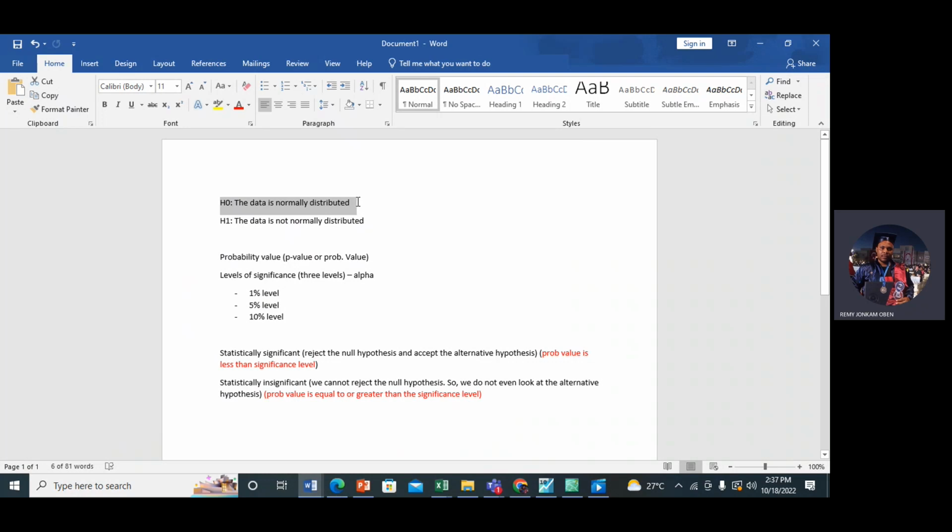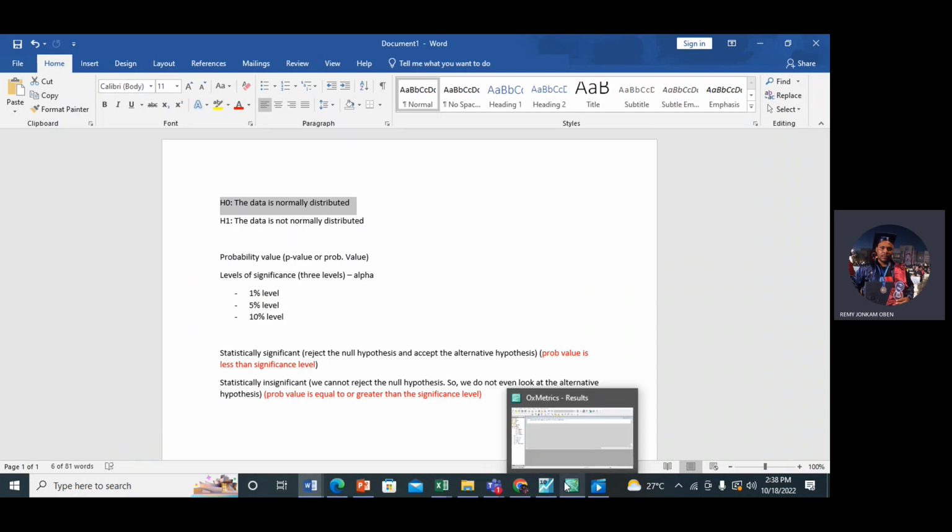And if we cannot reject this null hypothesis, it therefore means the data is normally distributed. So the GDP data is normally distributed. That is our conclusion, and that is how you explain the Jarque-Bera test.